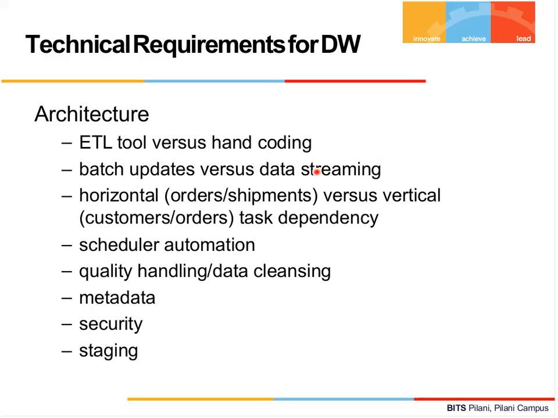Then horizontal versus vertical task dependencies. Again, this is business specific: how you want to bring in the data and automate the schedule so that data is automatically pulled into the data warehouse. Quality and data cleansing are topics we're going to cover, along with metadata, security, and the staging area. All of these are different aspects of architecture that we'll deal with when we cover the more technical aspects of the data warehouse in this course.